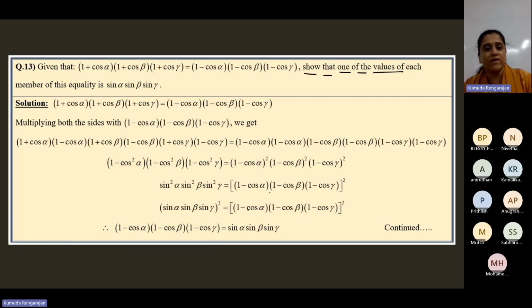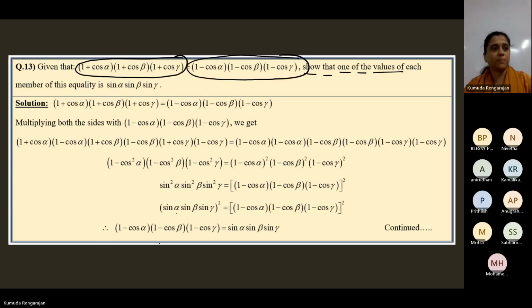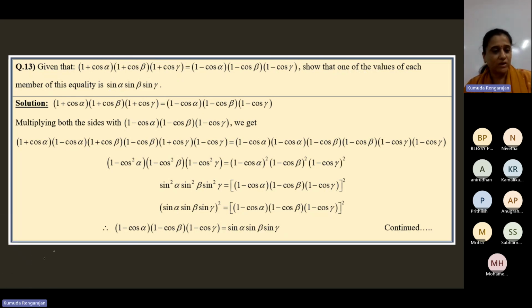You should show that one of the values of each member of this equality is this one. This is one member of the equality. This is the other member of the equality.